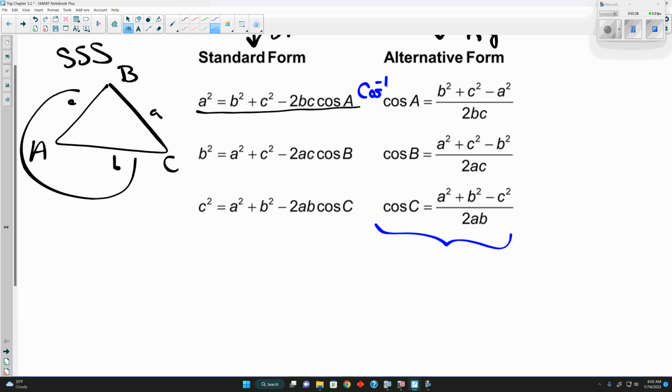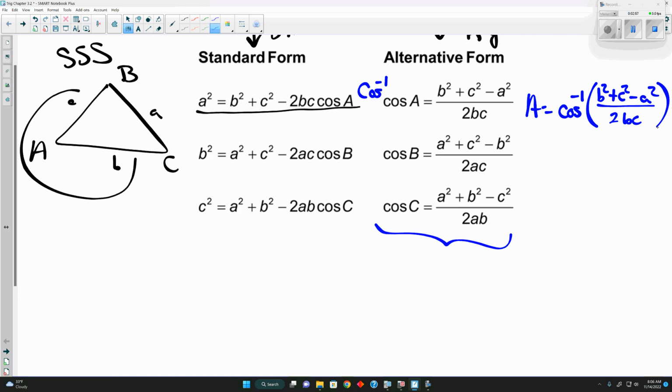Because for me to find angle A, I'd have to take cosine inverse of both sides, really just telling me that A is equal to cosine inverse of b squared plus c squared minus a squared over 2bc. And the same is true for finding angle B and angle C. So when I look at this formula, especially for finding the angles with law of cosines, I just start off with A is equal to cosine inverse of this here.